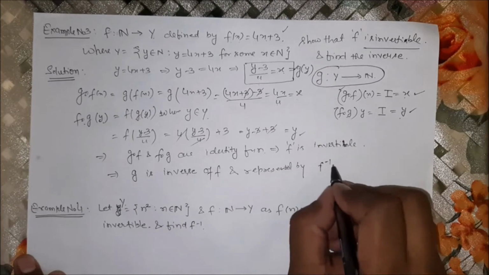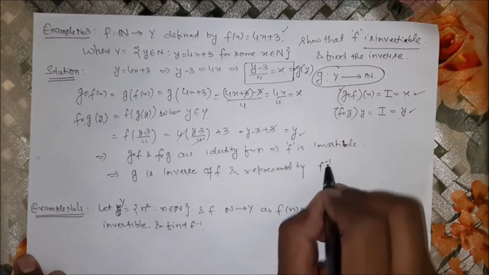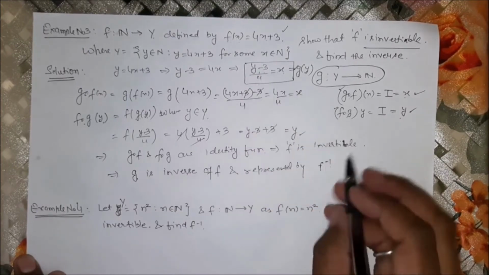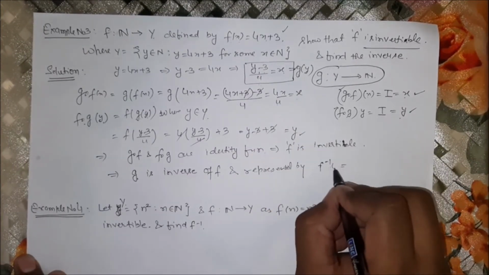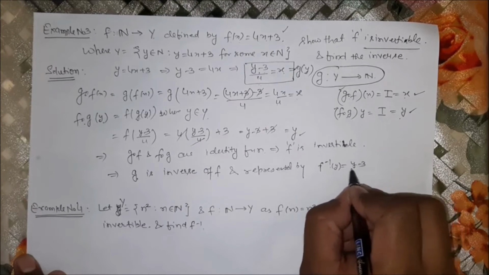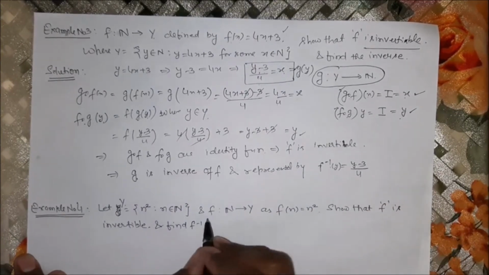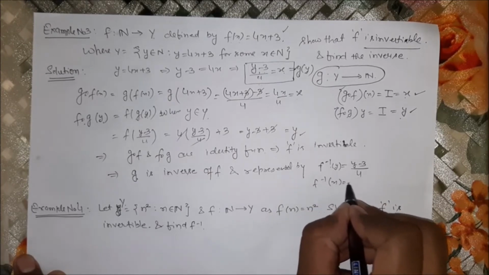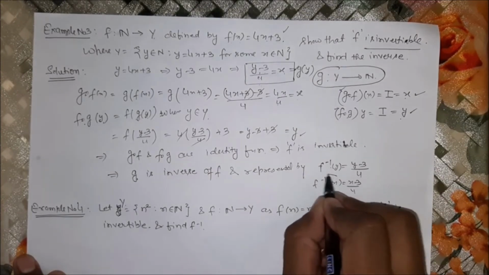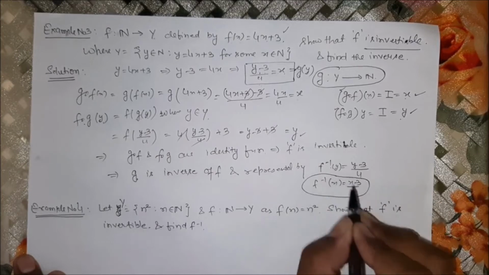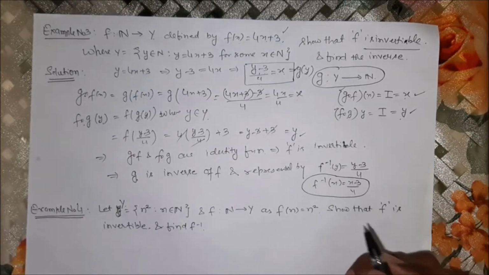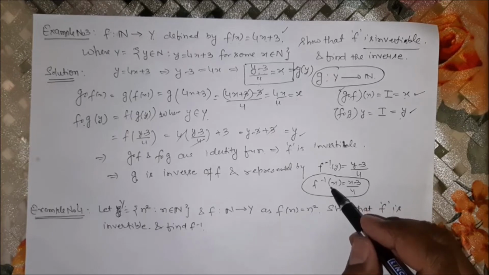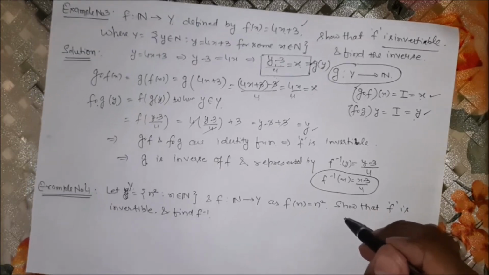So here we can say f inverse is equal to g, and what was g? g was (y minus 3) by 4, so we can write f inverse of y is (y minus 3) by 4, and if you want to write this in terms of x, we can write f inverse of x is (x minus 3) by 4. Generally we write our answer in terms of x only.